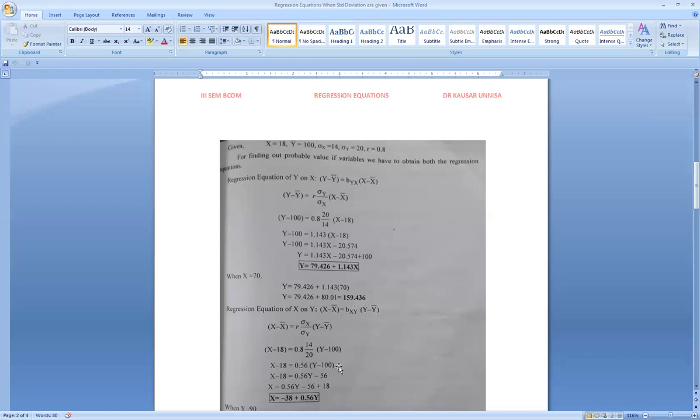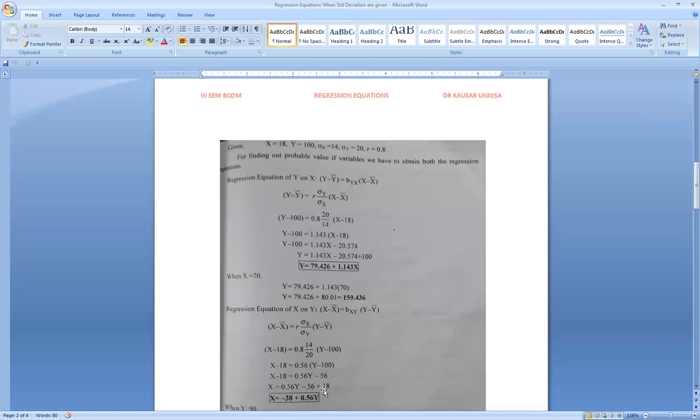So on the right side also we remove the brackets. x minus 18 equals 0.56y, and minus 0.56 into 100 is minus 56. Now we have to calculate the equation. x equals, we shift this minus 18 to the right side, it becomes plus 18. So x equals 0.56y minus 56 plus 18.